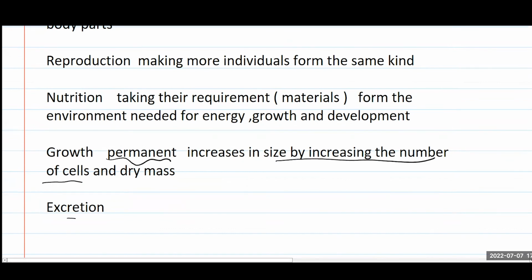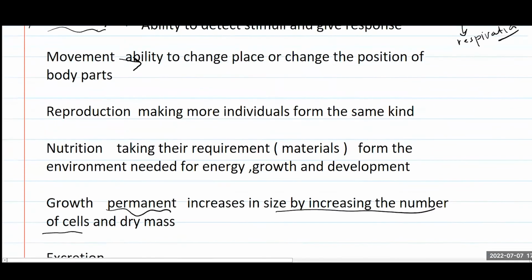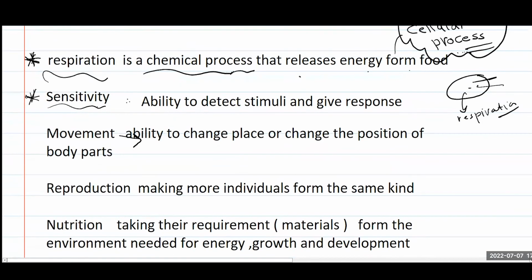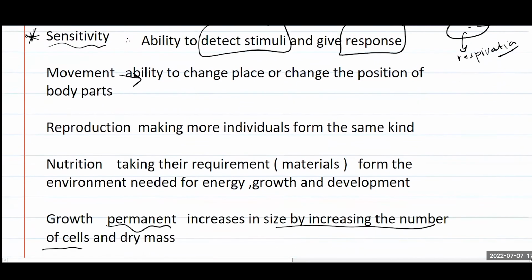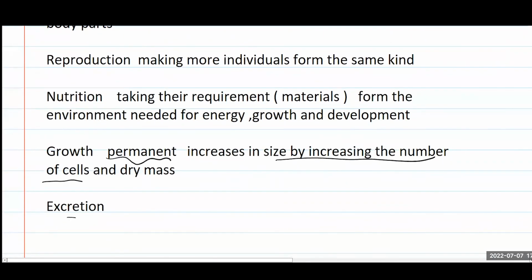Here in excretion, you have to write three things: removal of excess substances, metabolic waste product, and toxic substances from the body, right? In respiration, it must be a chemical process that releases energy from food. Sensitivity: detect a stimulus and give a response. These are also keywords in the definitions, right?